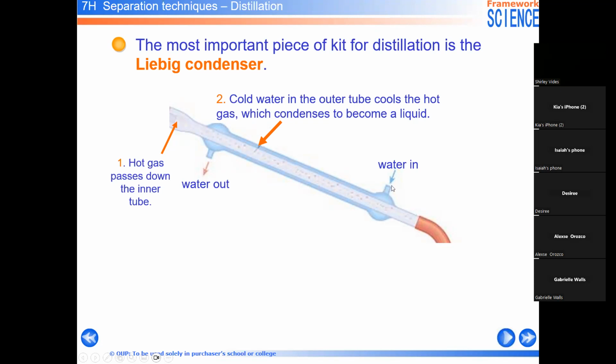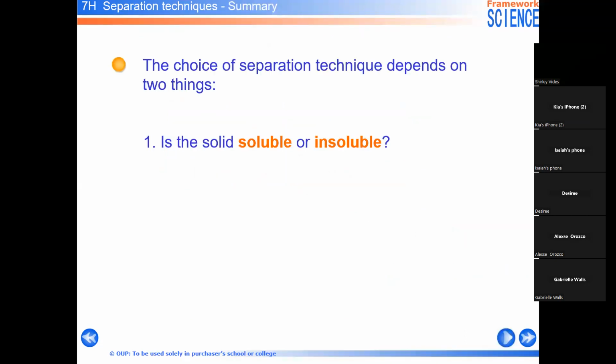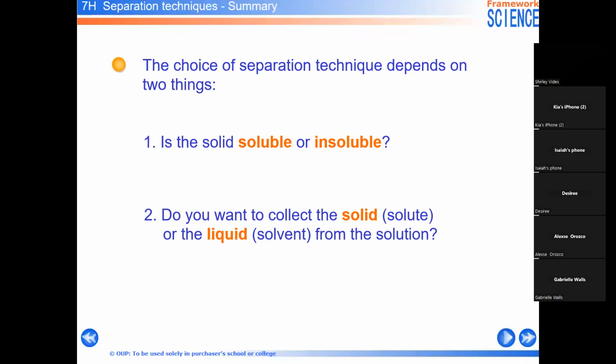So instead, you have to put the water in at the bottom so that it flows up and then comes out when it's hot. Makes sense, right? And the liquid that condenses is collected at the bottom, and you notice it's at an angle so that gravity just takes care of that. So those are the things that you want to know.